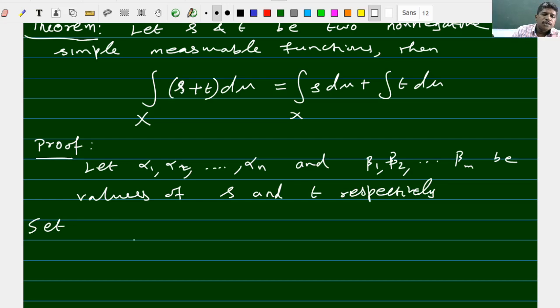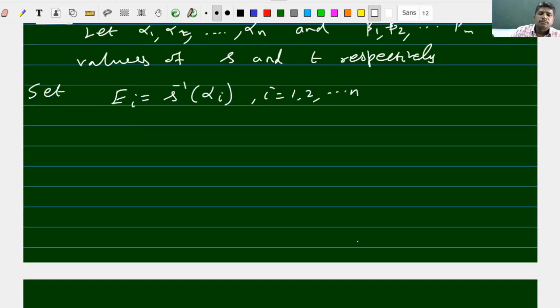The set E i equals the inverse image of alpha i for i from 1 to n, and the set F j equals t inverse of beta j, j from 1 to m.